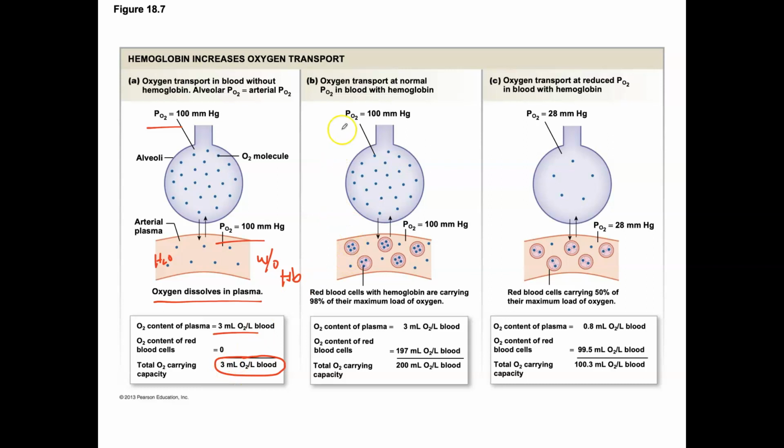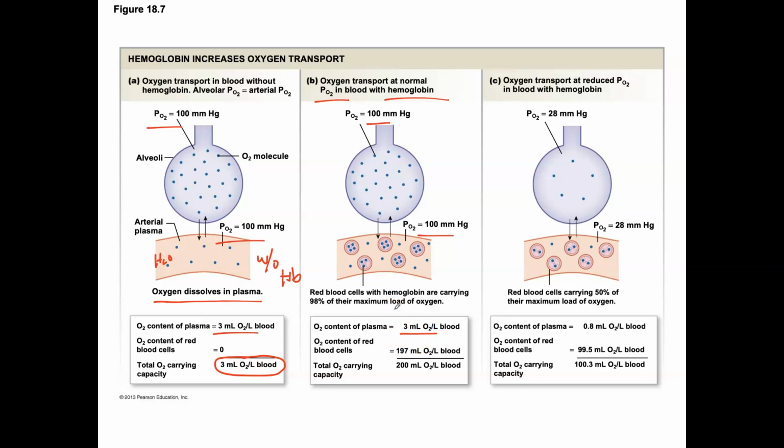Let's take a look at oxygen transport at normal partial pressures of oxygen, but we have hemoglobin in our red blood cells. So again, here's the partial pressure of oxygen in the alveoli. It's at 100. So we're getting a partial pressure in the blood of 100 millimeters of mercury. We get our 3 mils of oxygen per liter of blood dissolved within the blood plasma.